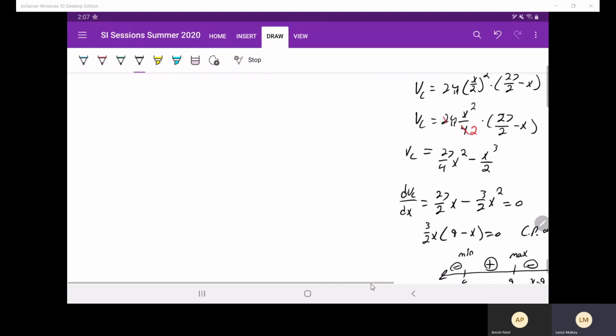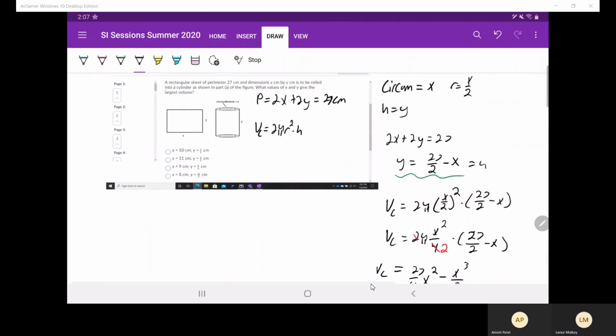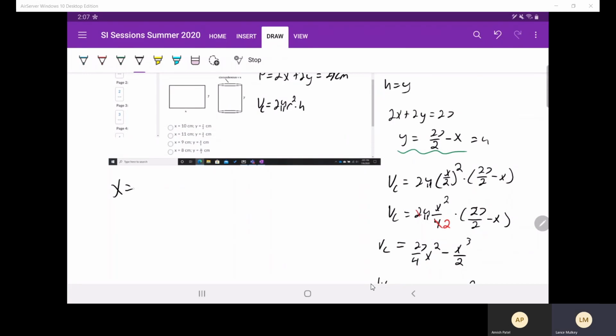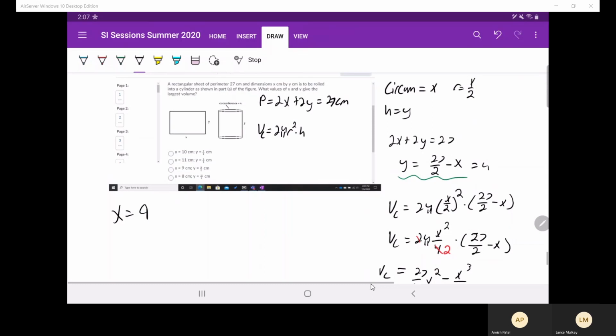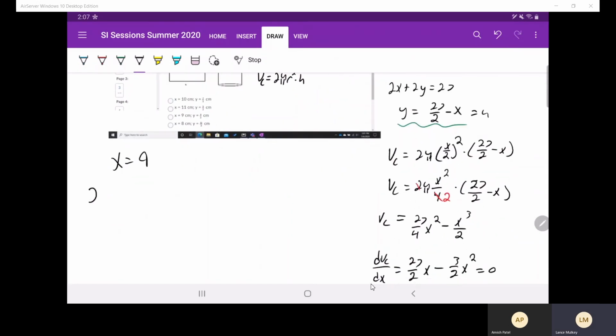So I'm going to come up here, and it wants to know the dimensions. And we know that x equals 9, right? We have that so far. So we know that x equals 9. And we have this equation.